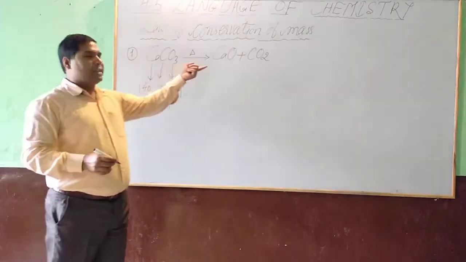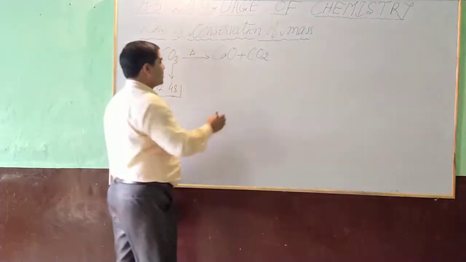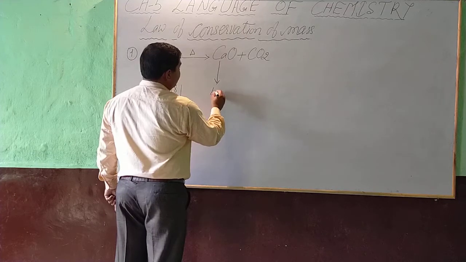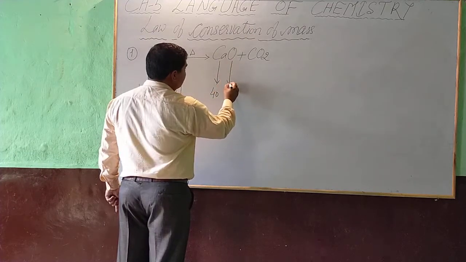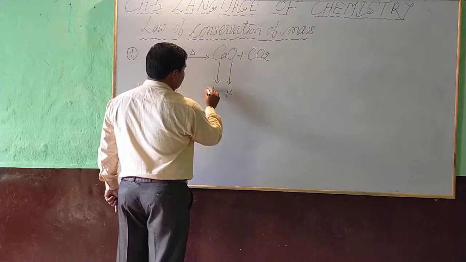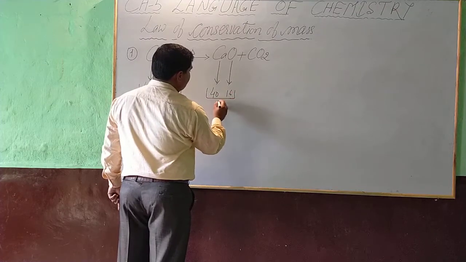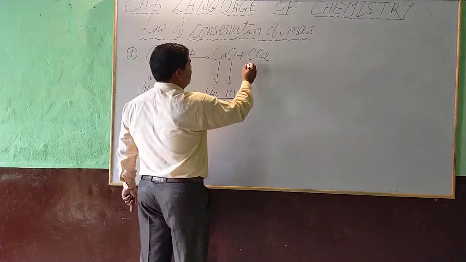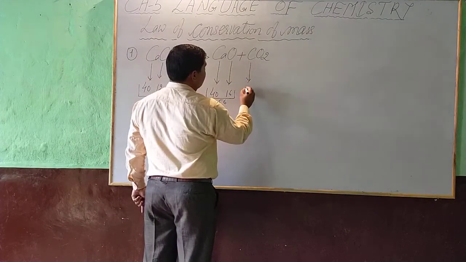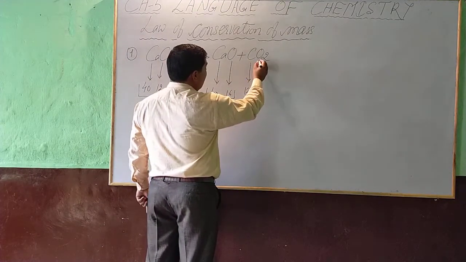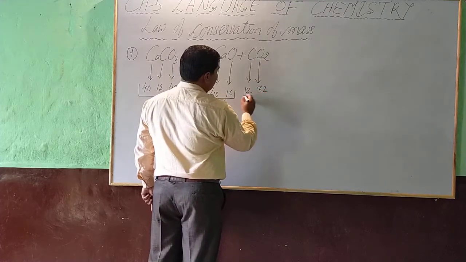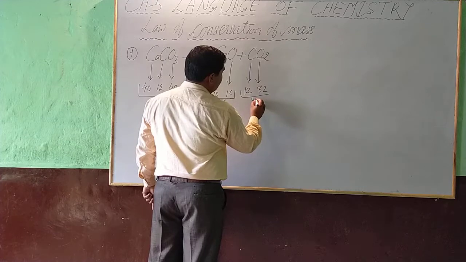Let us see the product side. Here calcium, the mass number is 40, and oxygen, one oxygen is 16. So it will be 56. Now you see here carbon, mass number 12, and 2 oxygen, 32. So altogether 44.